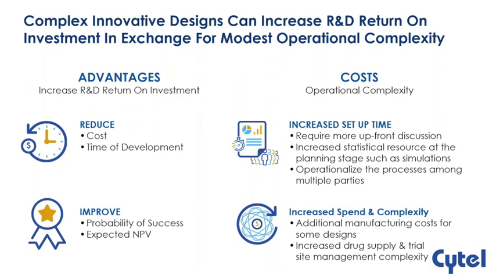Improving probability of success, usually you cannot accomplish while simultaneously reducing cost and time of development. So it's usually either or. However, in most cases, as it has been demonstrated, these innovative designs can also improve the expected net present value, which incorporates cost, time, and probability of success all at once.